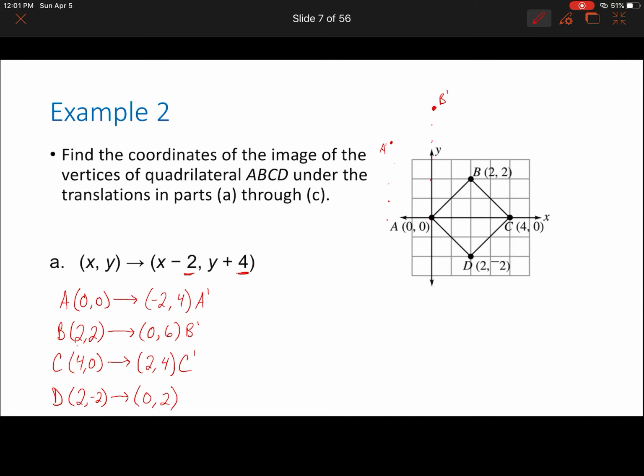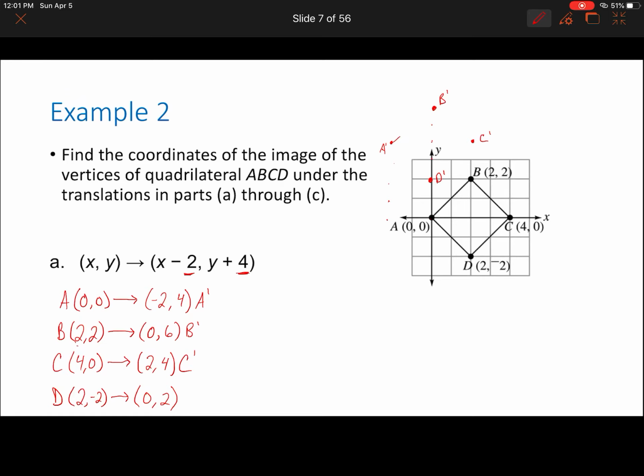And then point C, we move it to 2, 4. So 2, 4 is going to be there. So we'll call that C prime. And then point D, we move it to 0, 2, which is here, which is D prime.